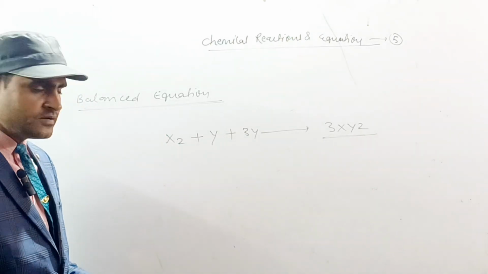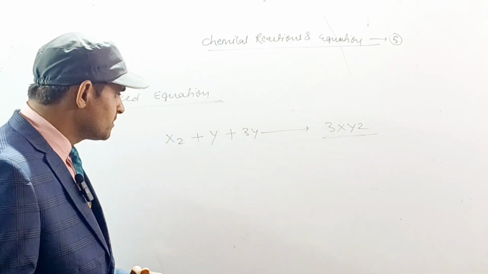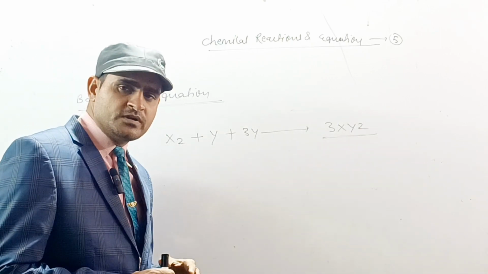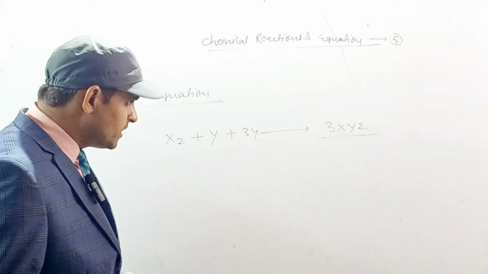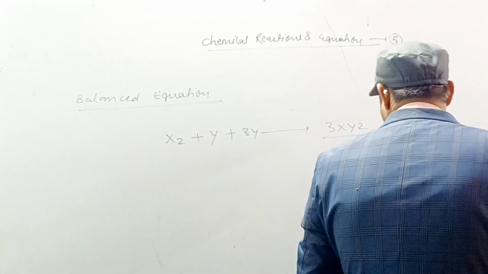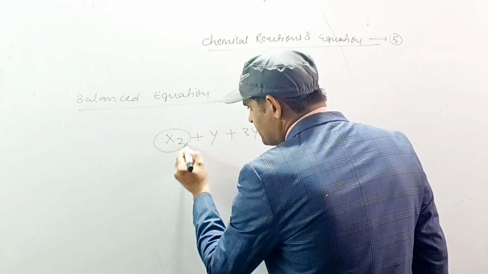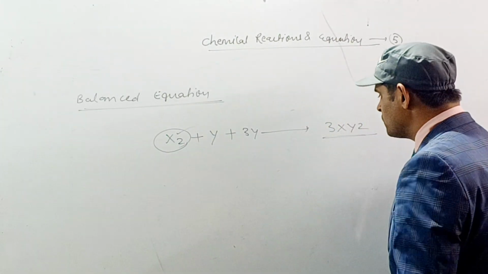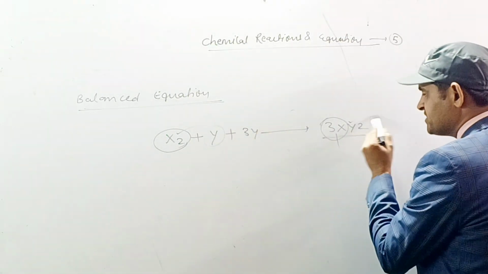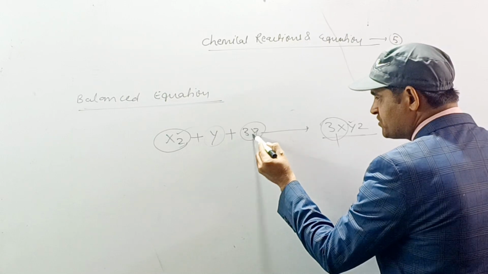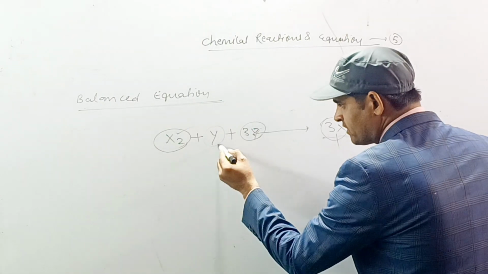Is this reaction balanced? Your answer is, sir, no, this reaction isn't balanced. Then I will ask you why. You will say, in this reaction the reactant x is 2 and here it is 3, y is 1 and y is 3, and z is 3 and z is 3. It is balanced for z and these are imbalanced.